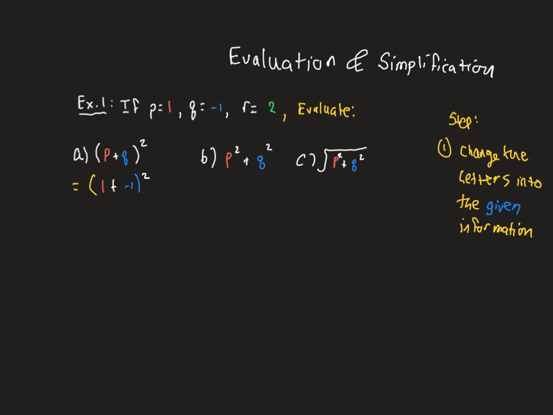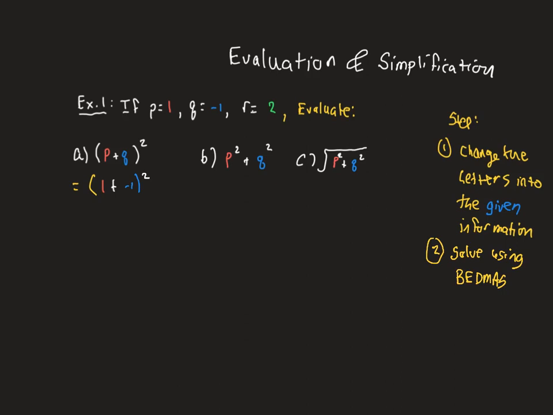The second you have that in place, you then want to solve using BEDMAS. Now, just to remind you, BEDMAS obviously is you want to go with brackets first, then exponents, then division, multiplication, addition, and then subtraction. So in this case, we want to deal with what's in our brackets first.